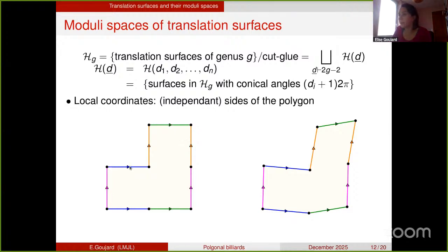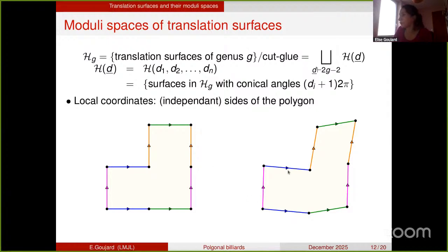So here, for genus 2 surfaces with one singularity of angle 6 pi, for instance, the space is locally shaped as C to the 4, and the 4 complex numbers that are relevant are these 4 complex numbers here.